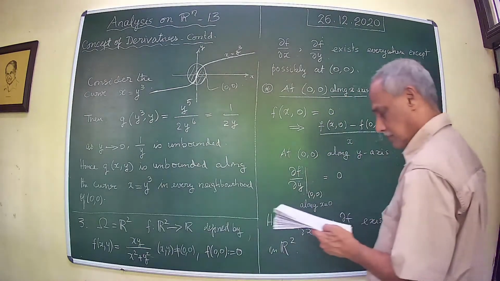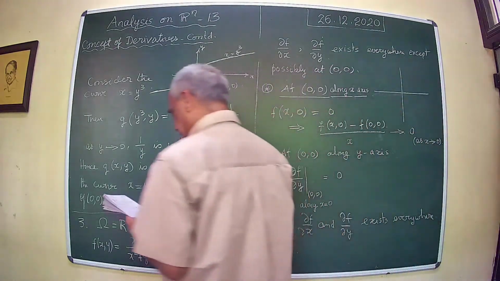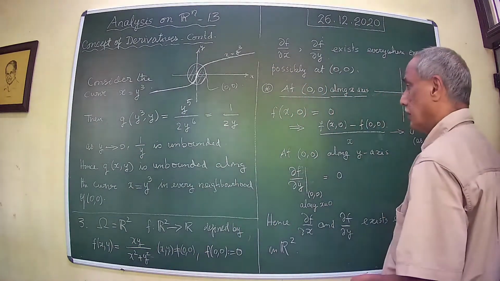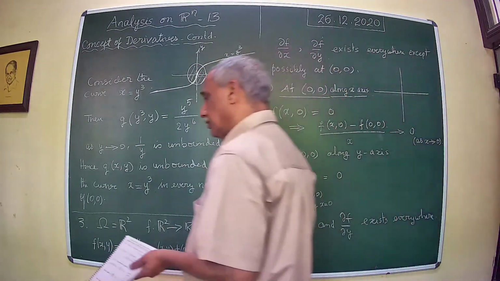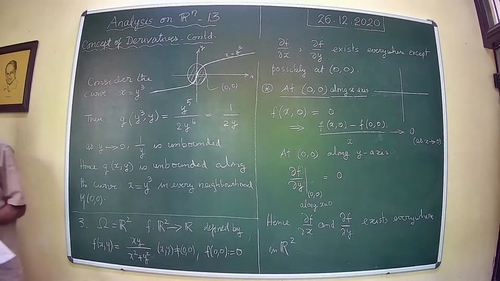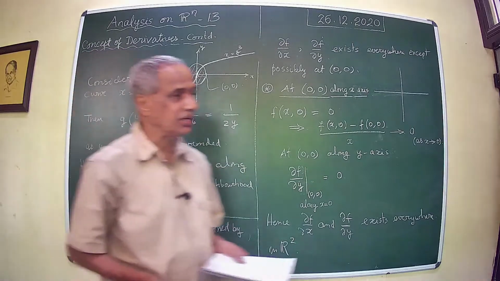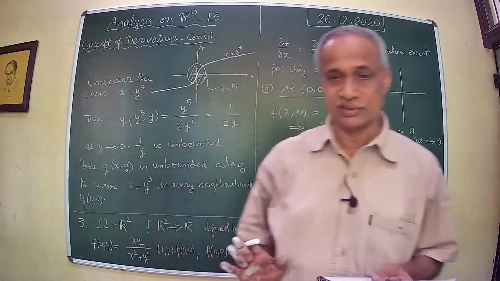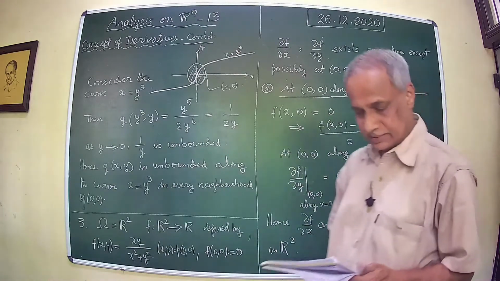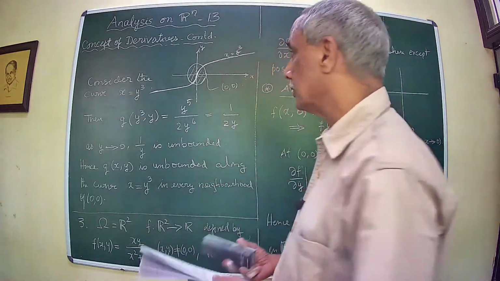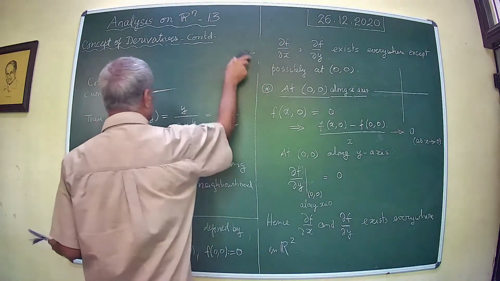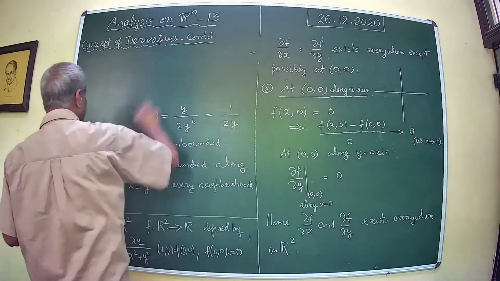So both the partial derivatives do exist. There is no difficulty about the existence of the partial derivatives. Nevertheless, what we are going to say is that although the partial derivatives exist, f is not continuous at 0, 0.